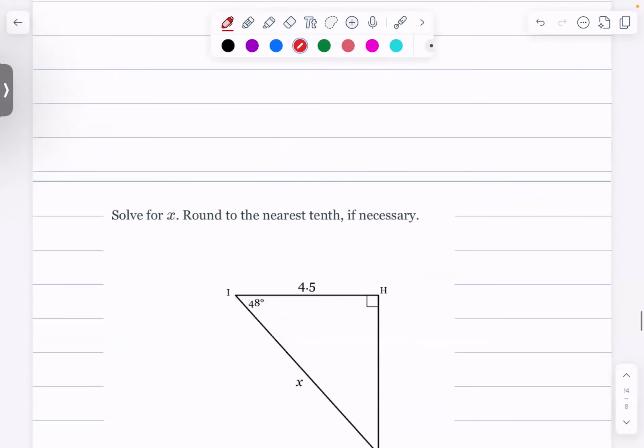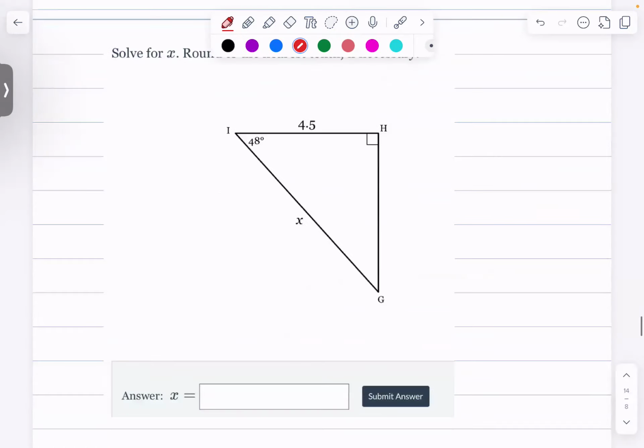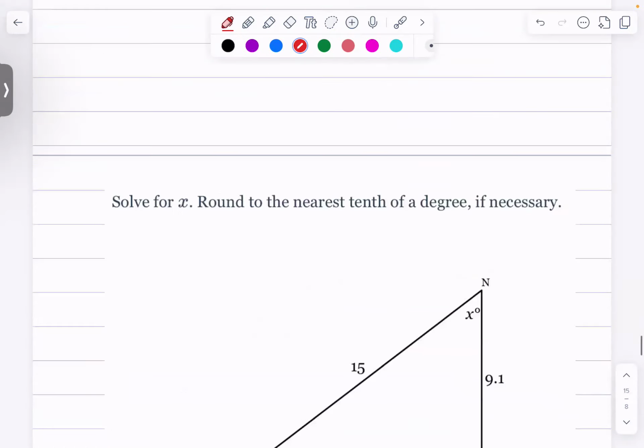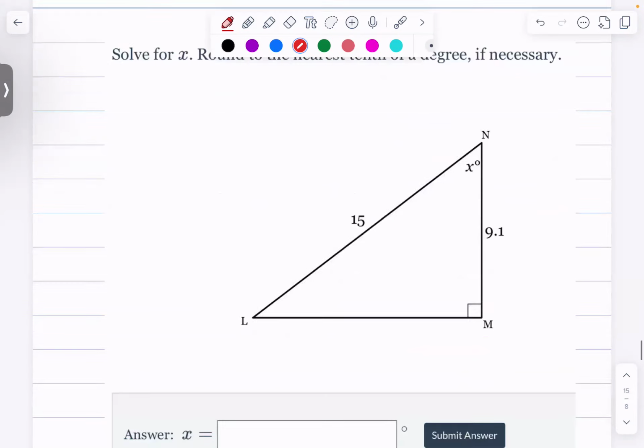Let's try another one. Now our x is an angle measure, right? So first things first, I have to label. This is my hypotenuse.